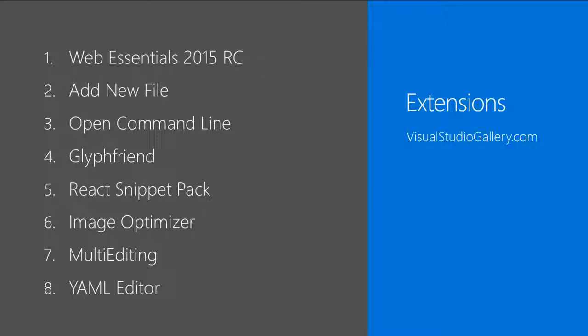So Web Essentials in 2015 no longer carries the less compilers, the CoffeeScript compilers, all that sort of stuff. It's all gone. It was basically the number one reason that Visual Studio was unstable, because we carried all these node modules inside Web Essentials 2013, and it was not flexible enough.